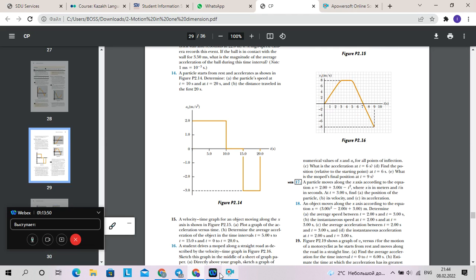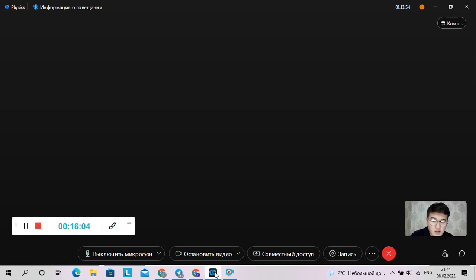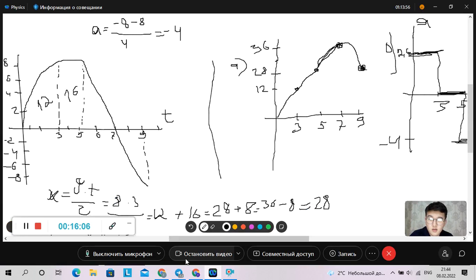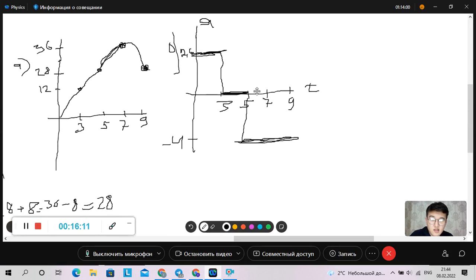Okay, and the C question. What is the acceleration at 6 seconds? The acceleration at 6 seconds is minus 4. As you know, we can show it in the graph.